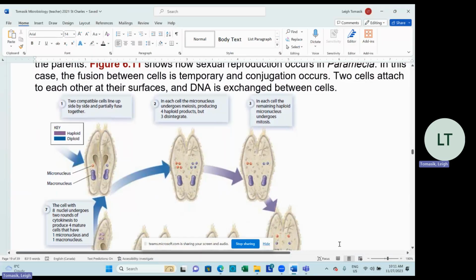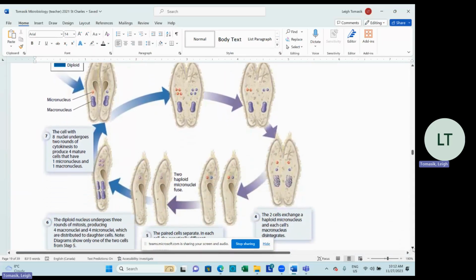And then it says in each cell, the micronucleus undergoes meiosis, producing four haploid products, but three disintegrate, right? In each of the remaining haploid micronuclei, the micronucleus undergoes reproduction in mitosis.